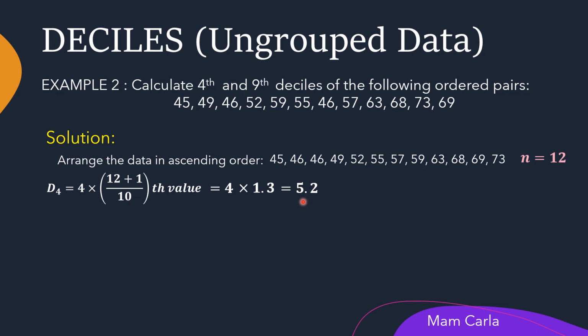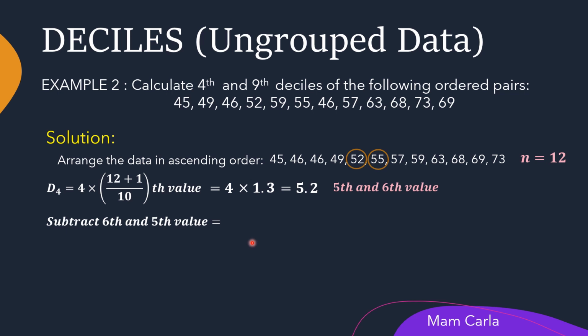So since we have here a decimal point, or 5.2, we will be locating the fifth and the sixth value in the given data set, and that is 52 and 55. So the next step is we are going to subtract the sixth and the fifth value.